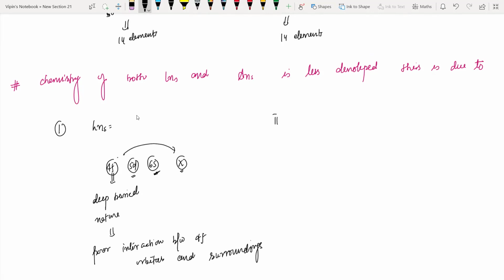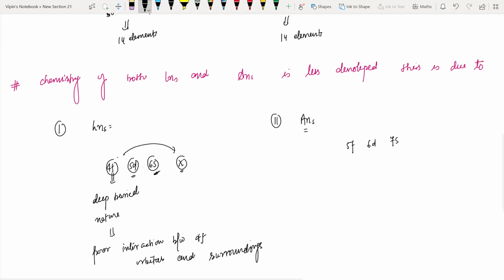Now, in case of actinoids, the arrangement is similar to that of lanthanoids: 5f, 6d, 7s. But there is one thing: the 5f orbital has more expansion as compared to the 4f orbital. So here the concept of deep buried nature cannot be applied because the 5f orbital has more extension as compared to that of lanthanoids.